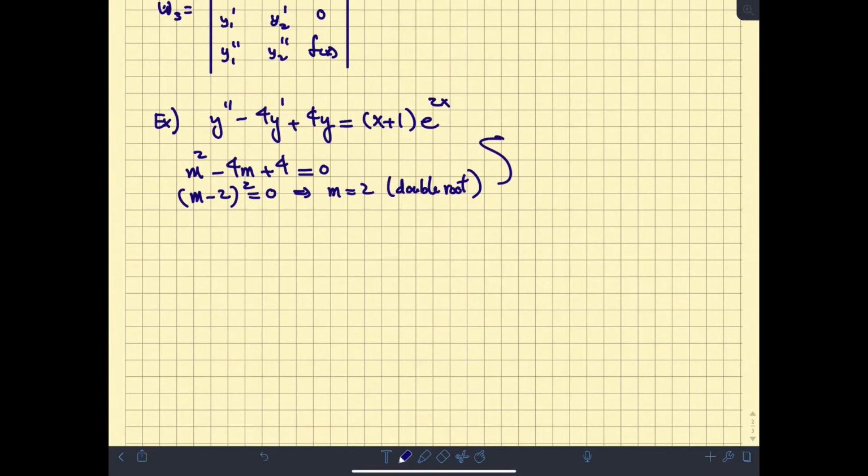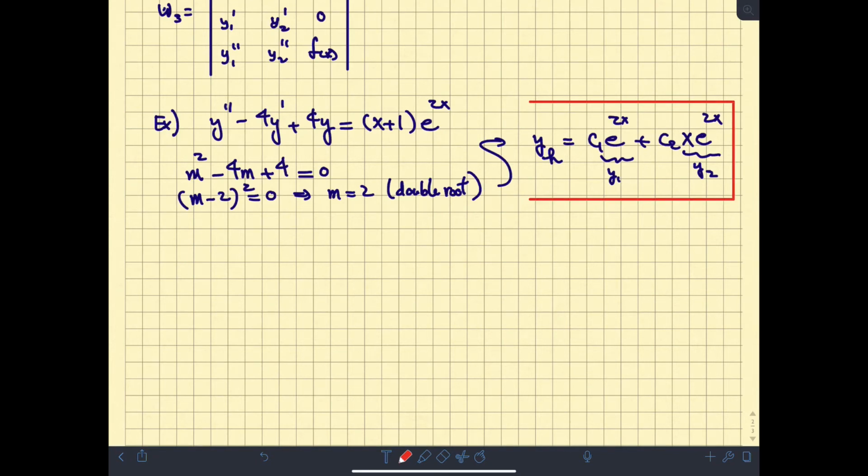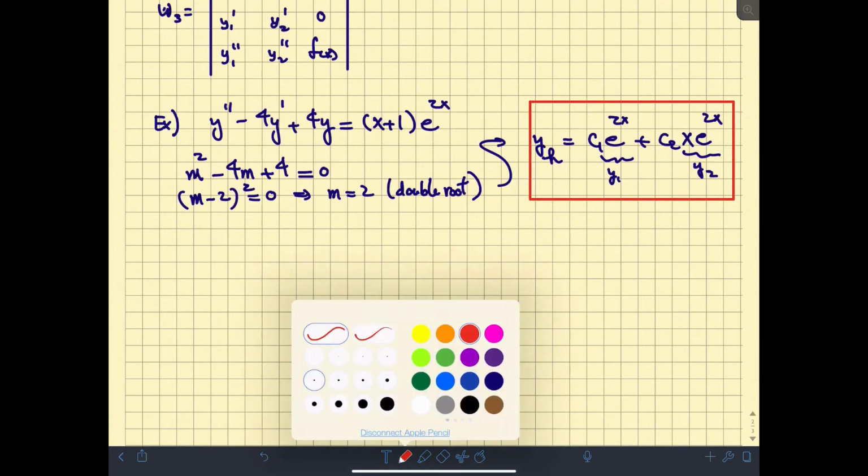Which means at this point I could very simply write my homogeneous solution. It will be C1 e to the 2x plus C2 x e to the 2x. So this becomes my y1, this becomes my y2, and those are fundamental solutions. So there's my homogeneous solution for the differential equation, labeled as y sub h. Put a nice red box around this so I won't forget it.